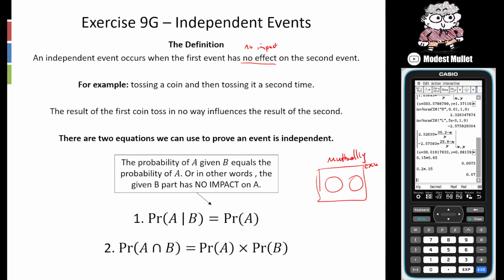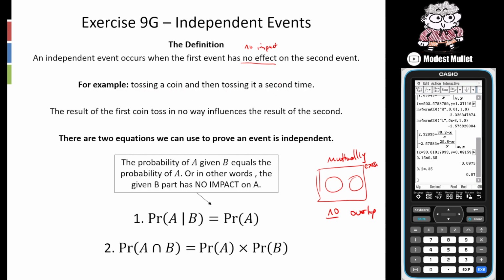While independent events can have overlap, like tossing a coin and then tossing it a second time. You could get a 3 on the first and a 3 on the second, but the toss of the first coin does not have an impact on the second. The coin is assumed to be fair, so there's no impact.